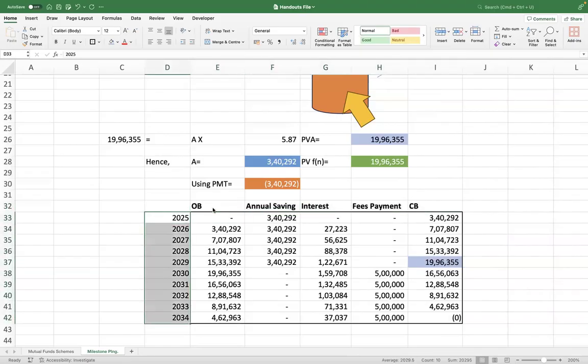So what does this tell you? This also tells you that with an annual saving of rupees 3,40,292 for 5 years, I have been able to pay my fees of 5 lakh rupees for 5 years for my daughter. And the balances are exactly tying up. ये देखिए आप, your balances are tying up completely.